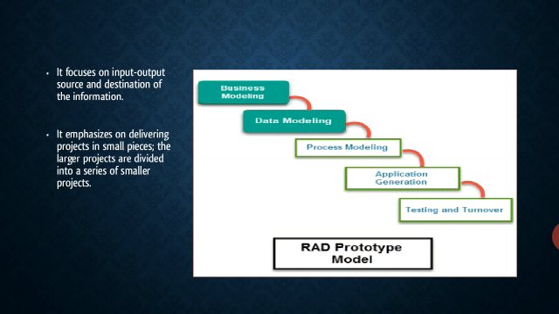It focuses on input, output, source and destination of the information. It emphasizes delivering projects in smaller pieces. The larger projects are divided into a series of smaller projects. The main feature of the RAD model is that it focuses on the reuse of templates, tools, processes and code.